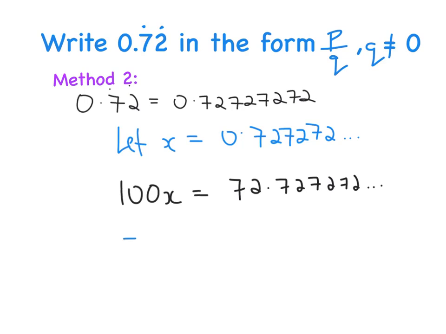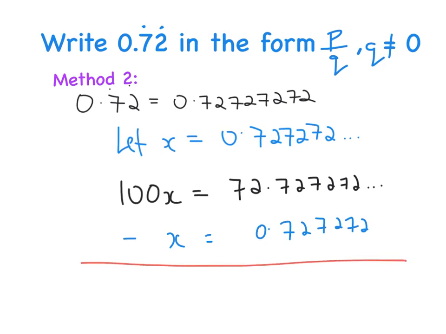Now I'm going to take away my original x as I did the last time. So minus x, which is 0.727272. And as we can see, and this is the only really important thing I need to remember, these line up with these. So when I'm subtracting them, that bit cancels. And so I have 100x minus x is equal to 99x, and here I have 72.